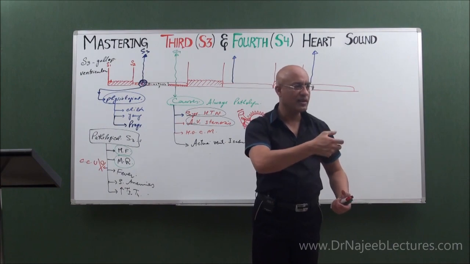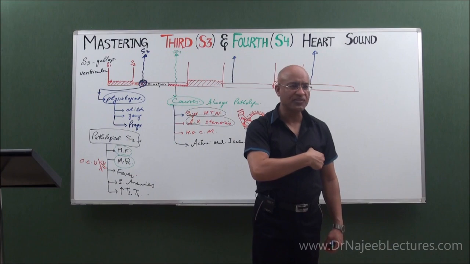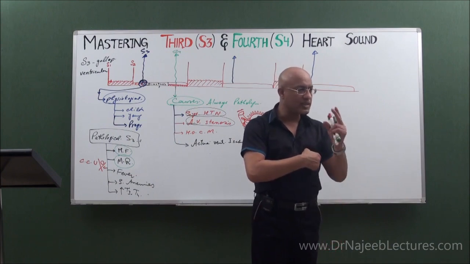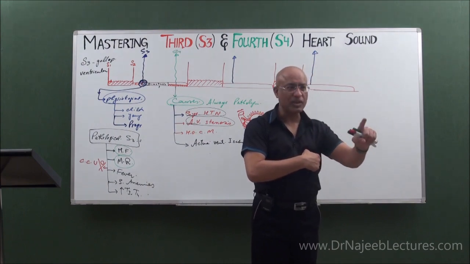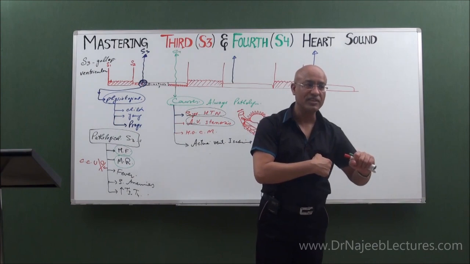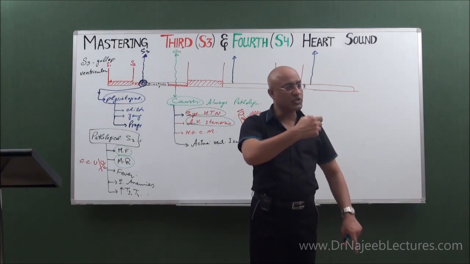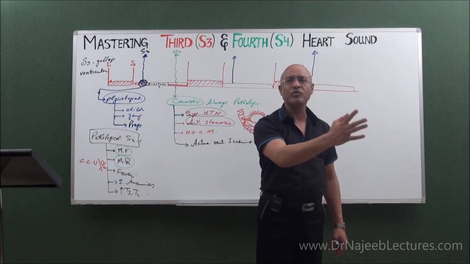You turn to the diaphragm. The diaphragm will filter the soft sound. After putting the diaphragm, if you do not hear the double sound, it means with S2 there was S3 which disappeared on diaphragm application, right? But if you still hear the double sound, it is split S2.